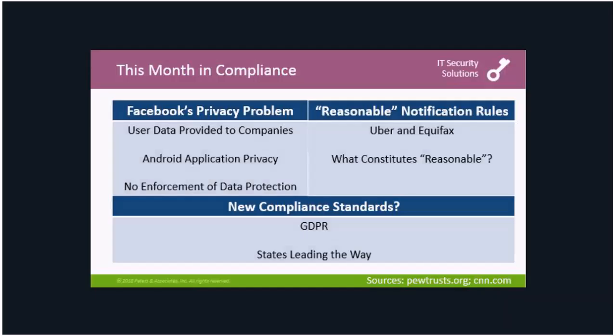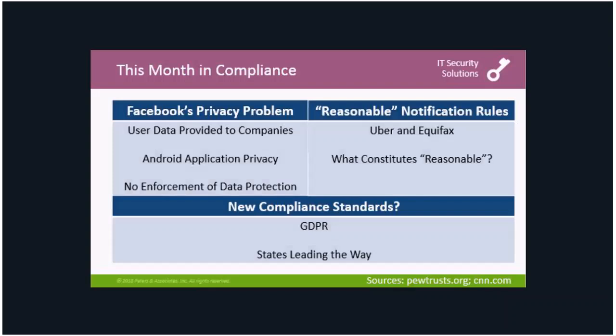And then lastly, states are leading the way. States, especially on the reasonable notification rules, several states have implemented laws around this. Colorado, I believe, just did a 30-day notification of breach rule, and Oregon, I believe, did 45 days for notification of a data breach.